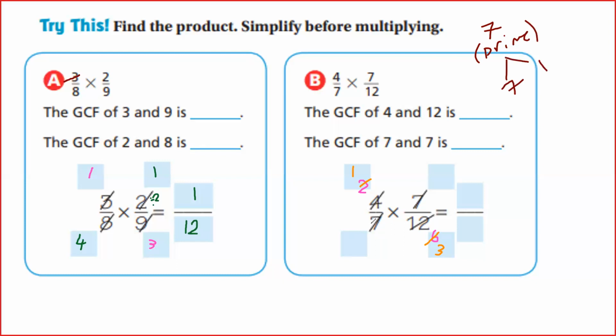So 7 divided by 7 gives you 1. And 7 divided by 7 is 1.